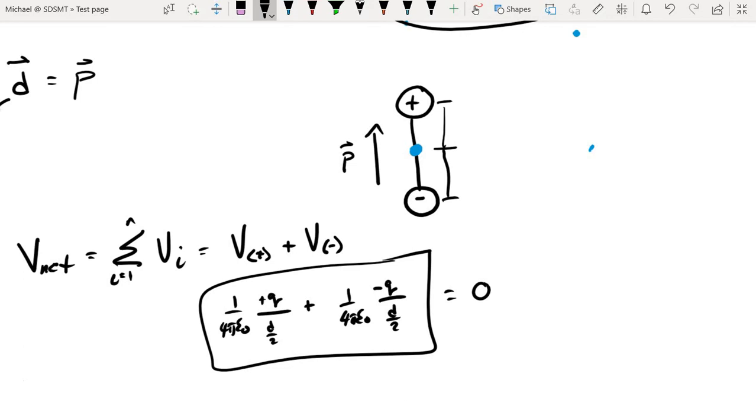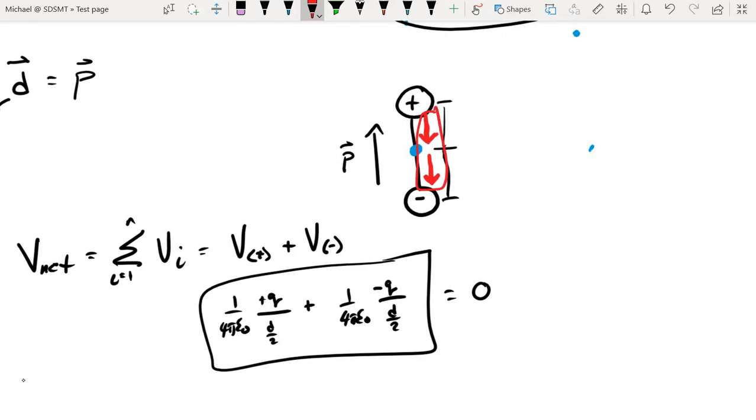So this is different from what we had for the electric fields, because our positive charge would produce an electric field that travels away from the positive charge. Our negative charge would produce a field that moves towards the negative charge.